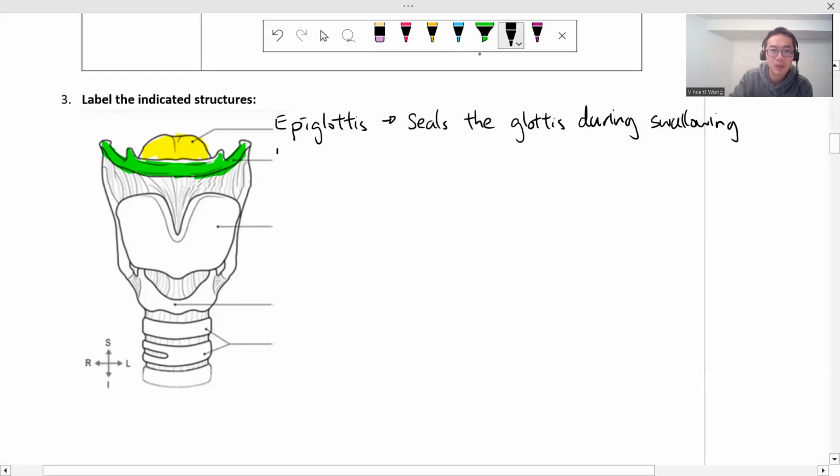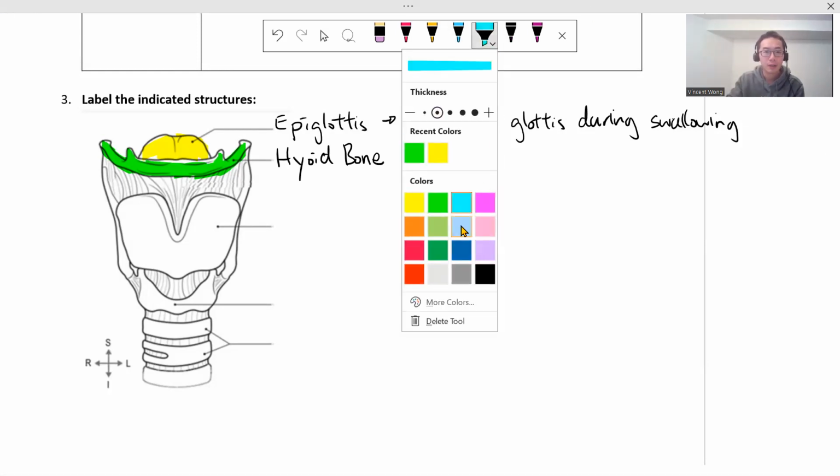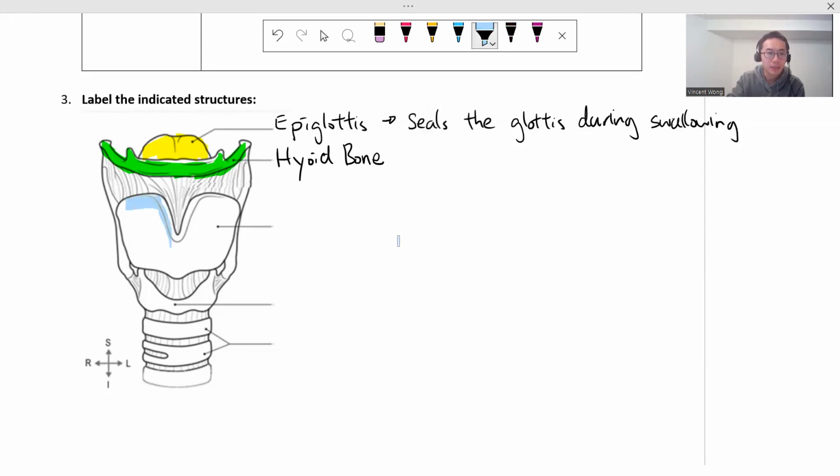And this one here is called the hyoid bone. Both females and males have this bone, but it's more prominent in males.